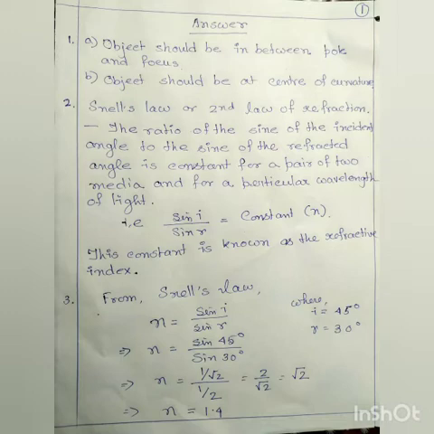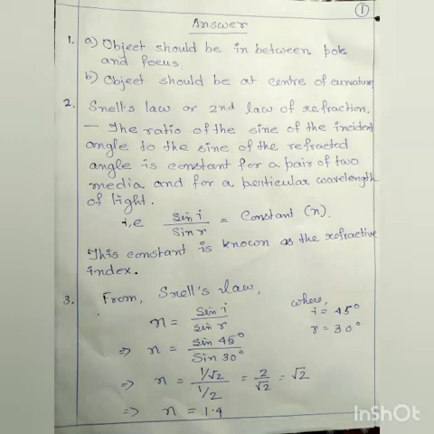That is, sin i divided by sin r, where i is the incident angle and r is the refracted angle, is equal to a constant. This constant is known as the refractive index. That much. And for refractive index, I would like to discuss it after the first topic of today's class.